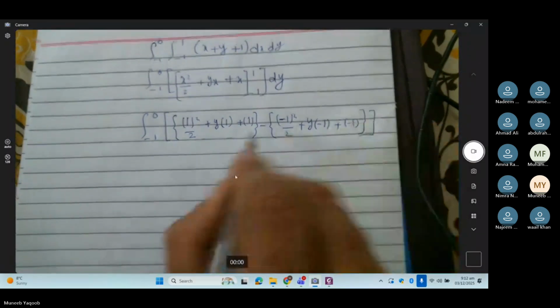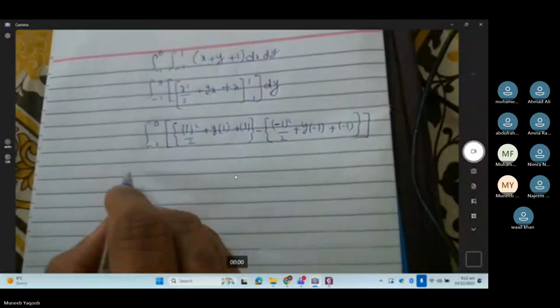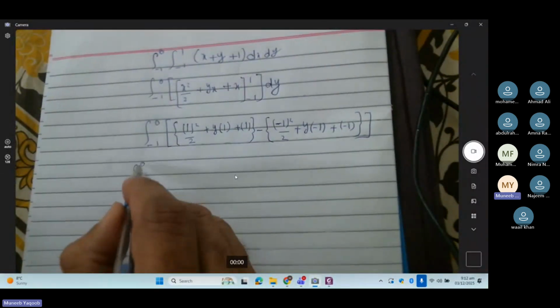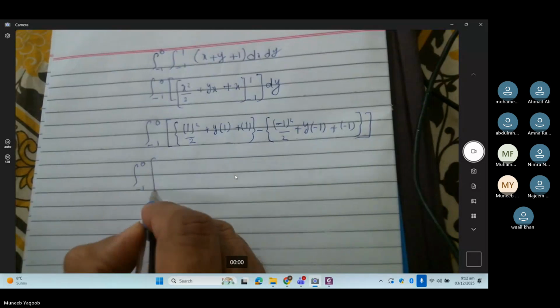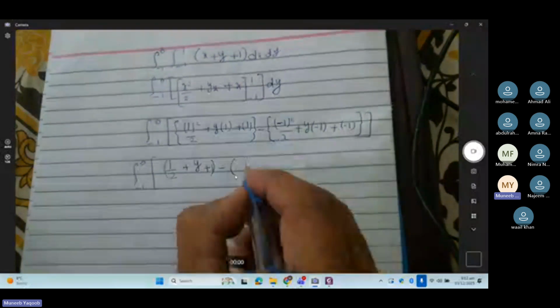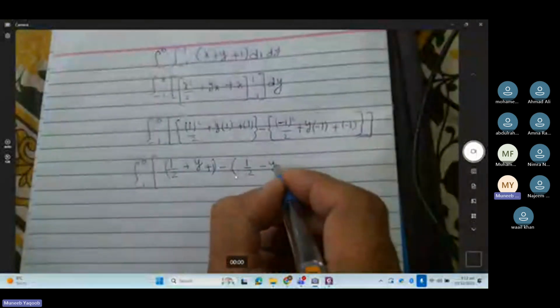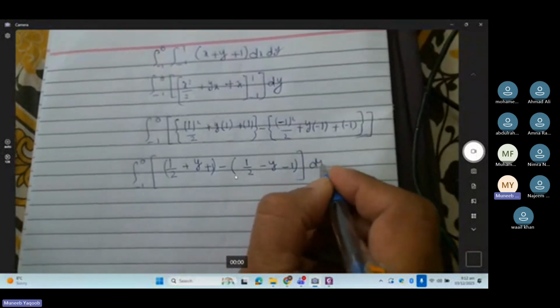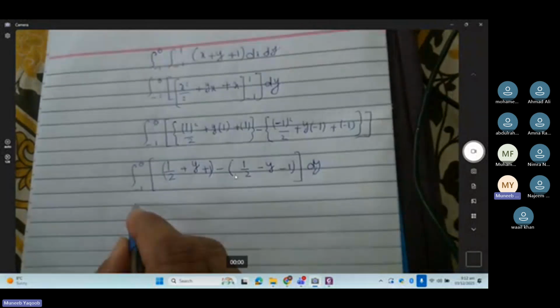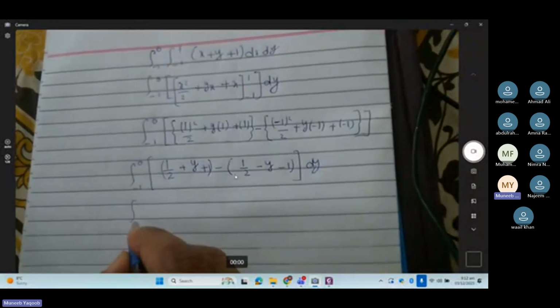So that is what happens when you integrate with respect to x. So the integral from -1 to 0 of 1 upon 2 plus y plus 1, minus 1 upon 2 minus y minus 1, dy. Now we will simplify the limits.